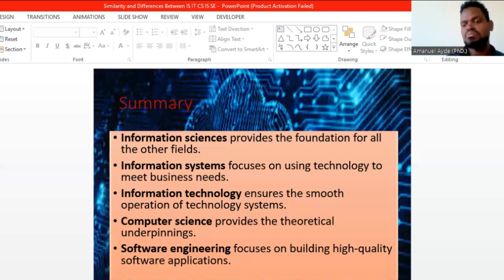But the intention is about what I'm going to do in the future. If someone wants to be a software developer, maybe he might need to be a software engineer. If he's interested in developing algorithms or models, he might go to the computer science area. The other one is information technology: if he's going to assure the technological application in a given company or institution, maybe he can go to information technology.